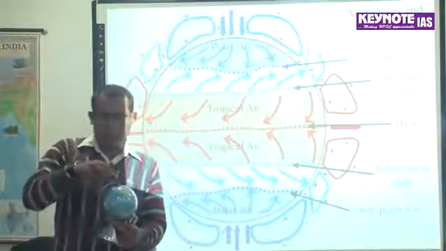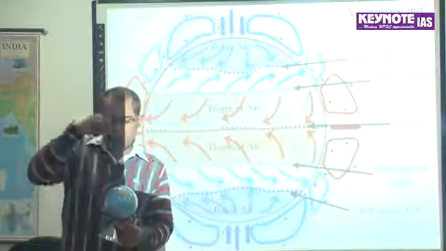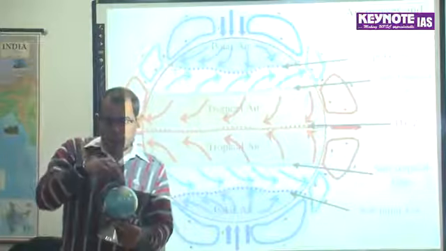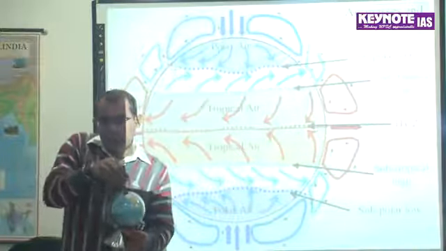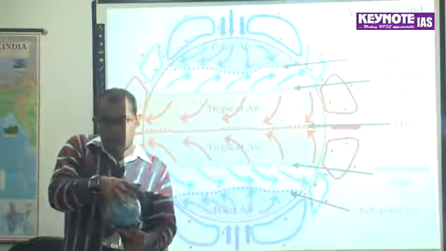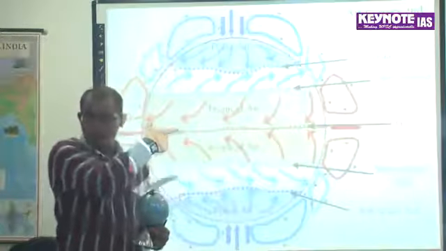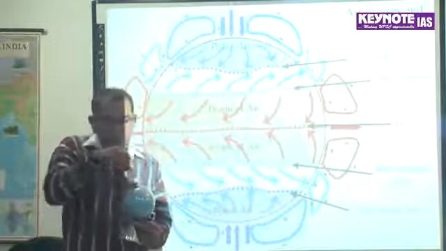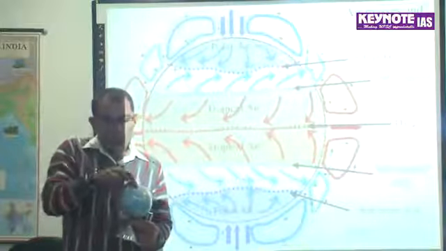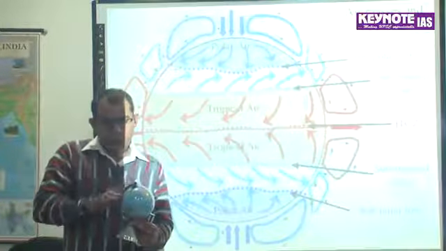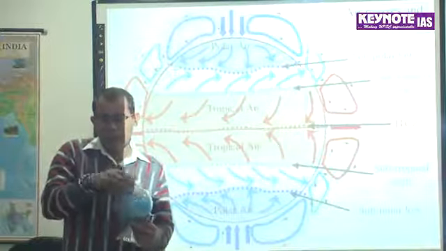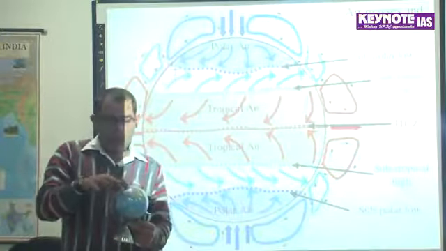This is a polar high pressure area on the ground. So there will be descending, subsiding air current here, and then the divergence in all directions. Since it is a two-dimensional figure, you have to imagine a three-dimensional figure. So the polar high pressure area on the ground, divergence on all sides.